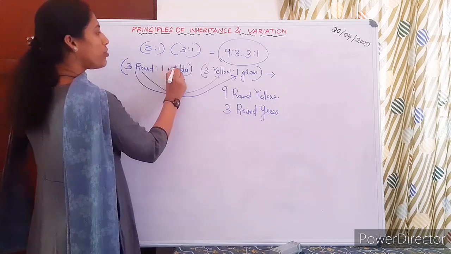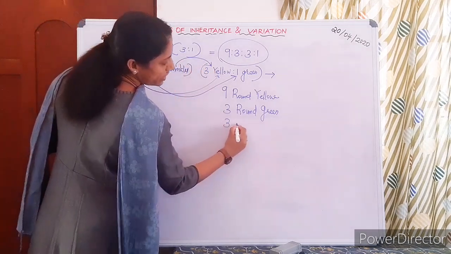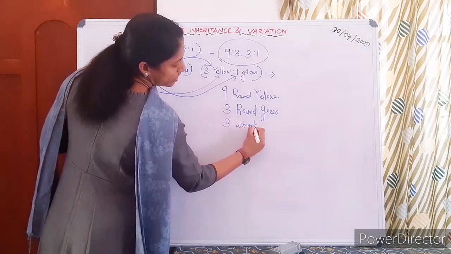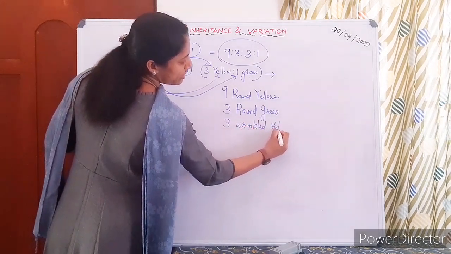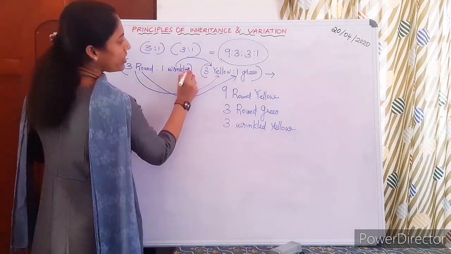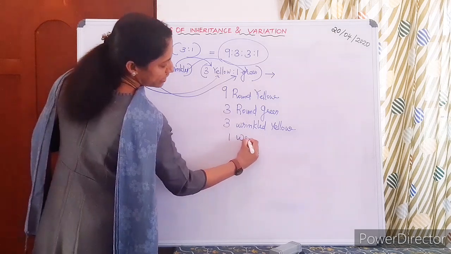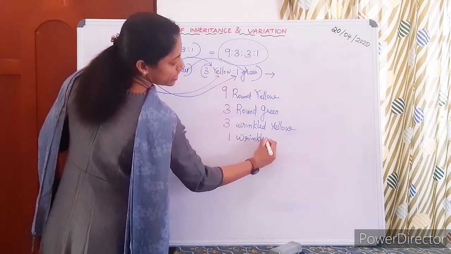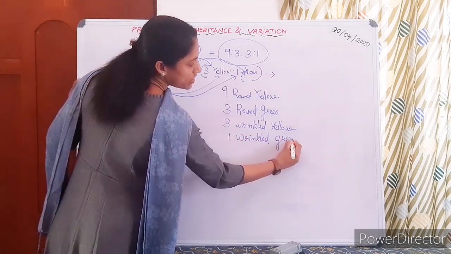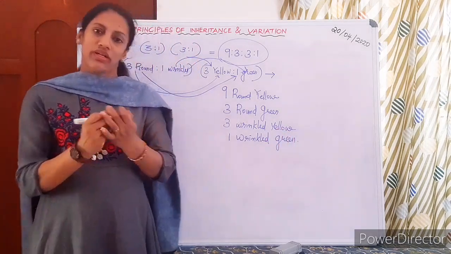The next case, how many are wrinkled yellow? 1 into 3, so 3 wrinkled yellow. And the last case, how many are wrinkled green? 1 into 1, so 1 wrinkled green. So this is just a multiplication of two monohybrid ratios.